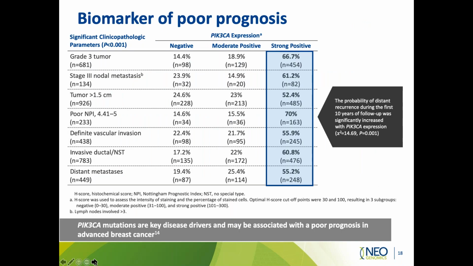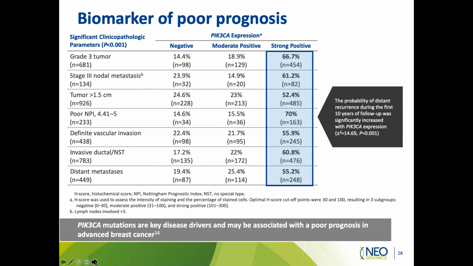Now, PIK3CA expression and/or mutation is a poor prognostic marker. First of all, it's associated with a lot of adverse clinical pathologic parameters, and that's what you're seeing here. Actually, this study was performed with PIK3CA expression by immunohistochemistry.